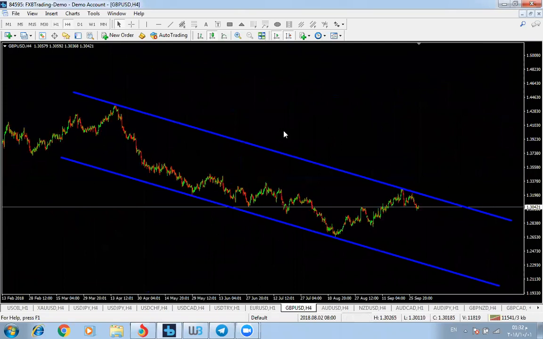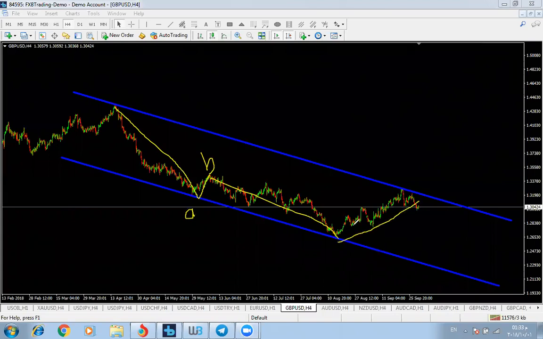Actually, the pound is moving to the downside in the form of ABC, not impulsive waves. This is the first leg, this is A, this is B, A, B, and this is C. Then the price pushed to the upside in the form of a zigzag.